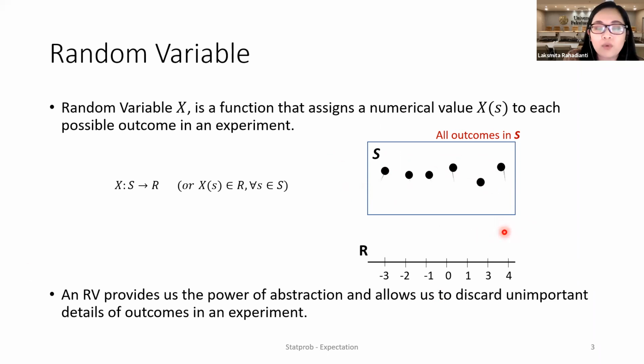Instead of doing that, we instead map each outcome to a certain value, a certain number that is a real number. So this way, we don't have to go over the details that meticulously, but we can abstract it and we can talk about just the overall, the higher level outcomes.